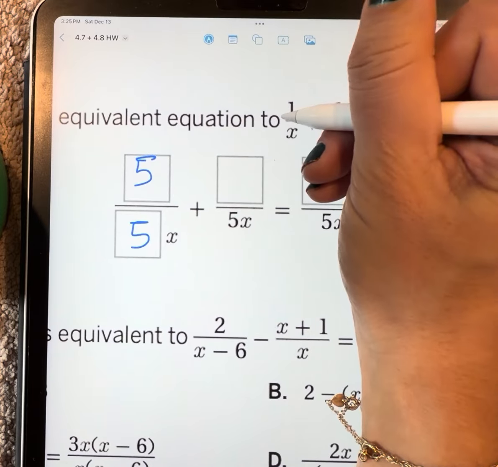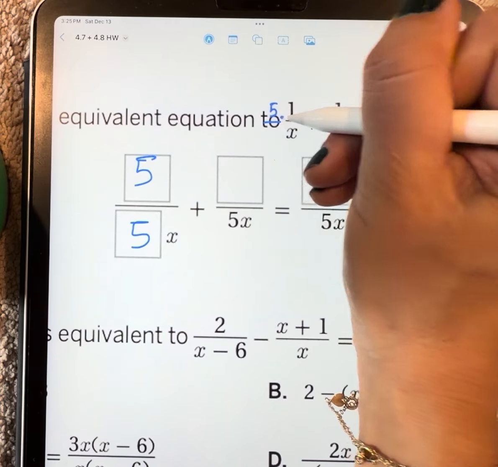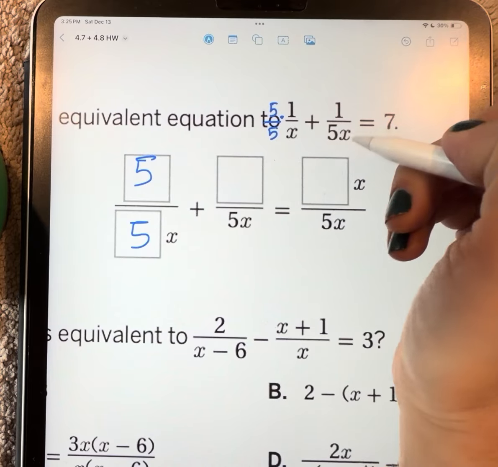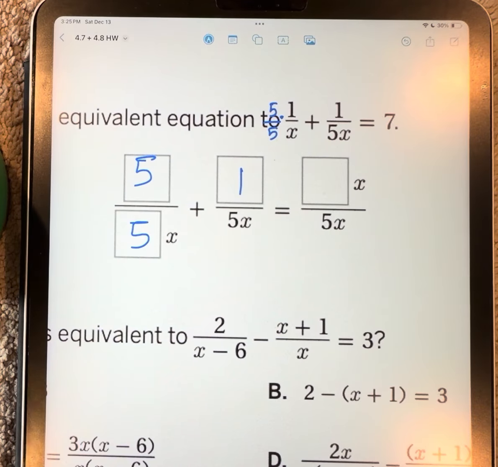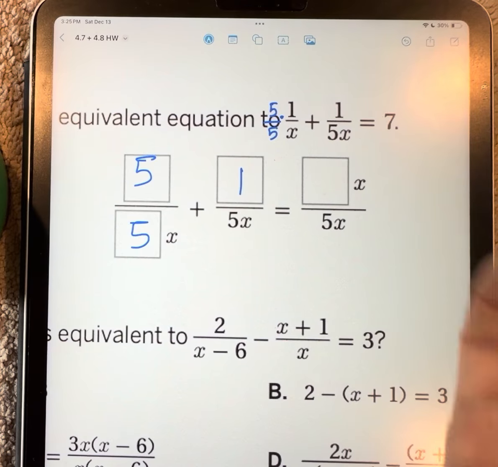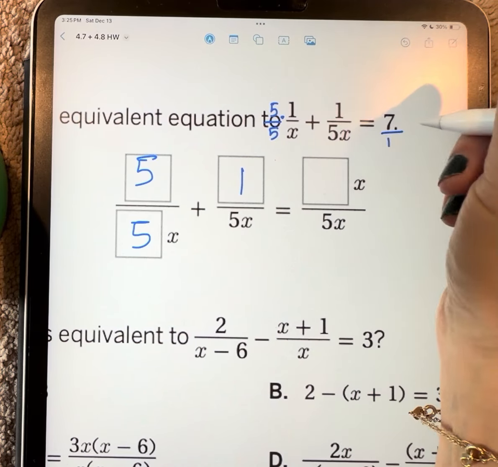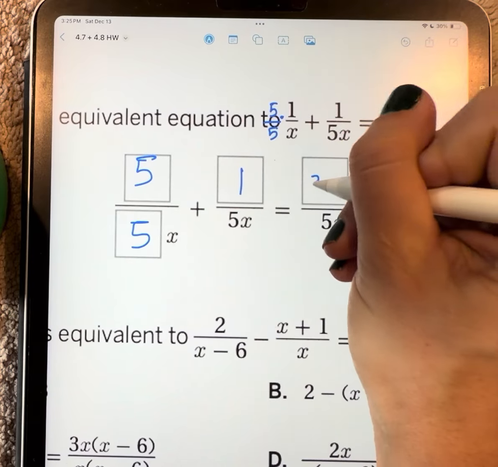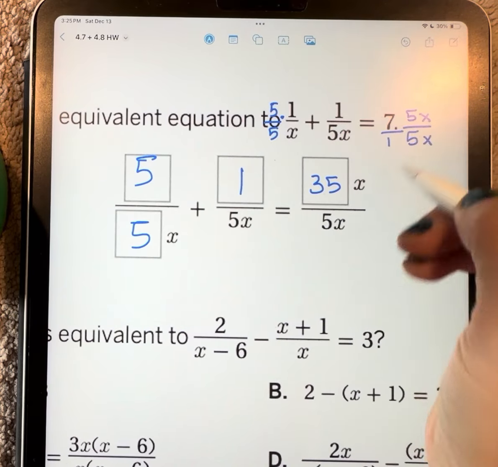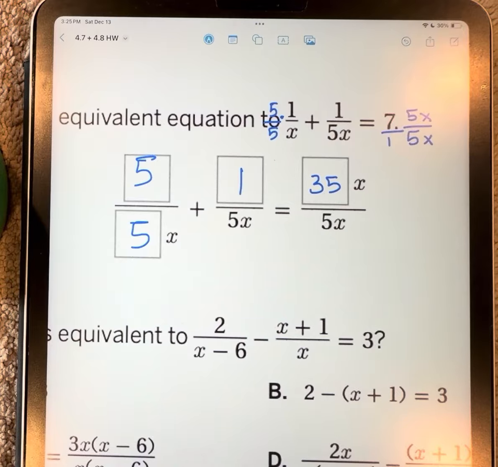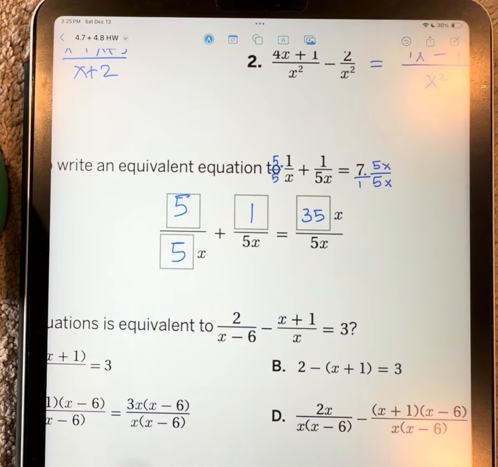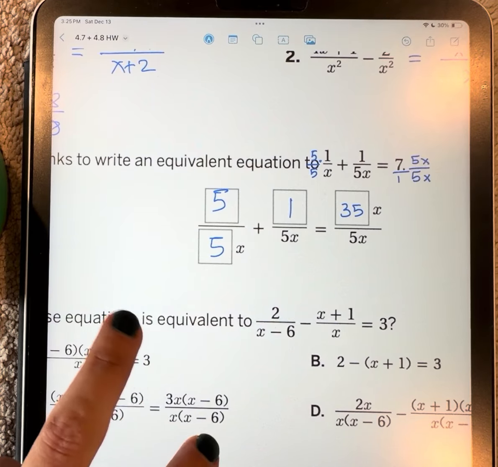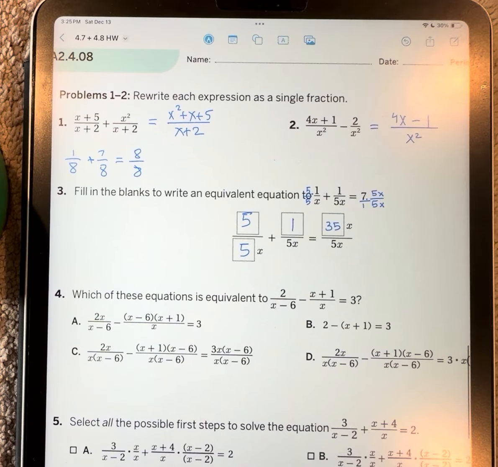So this one needed a 5 on the top and a 5 on the bottom. So 5 over 5x. And this one is already 1 over 5x. And then this one needed, because it was over 1, it needed both the 5 and the x. So it became 35, 7 times 5, 35x over 5x. Okay? So you guys, this is like the same as if they said rewrite this with a common denominator of 5x. That's what that is.